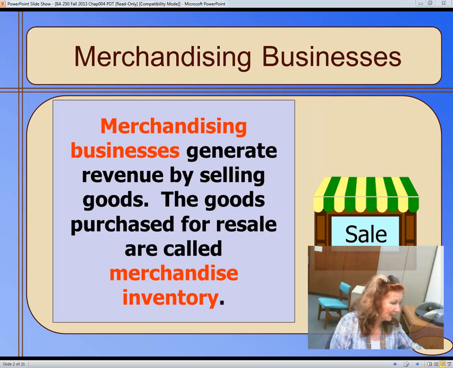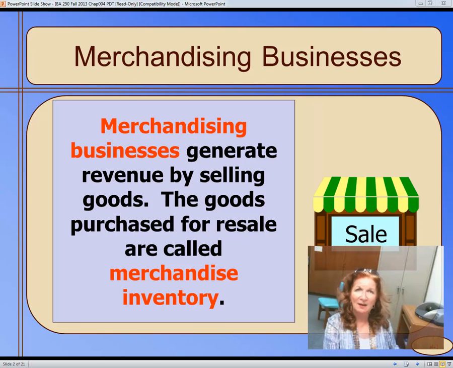You can begin to see that we have these goods available for sale, and then we take those costs of goods available and put them into the merchandise inventory or into the cost of goods sold, which is in the income statement. So when this merchandise comes in, it's going to either be an asset in the merchandise inventory on the balance sheet, or it's going to eventually go into the cost of goods sold expense account. That's the overall picture for a merchandising operation.